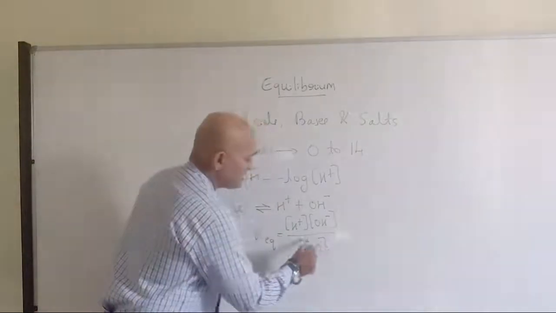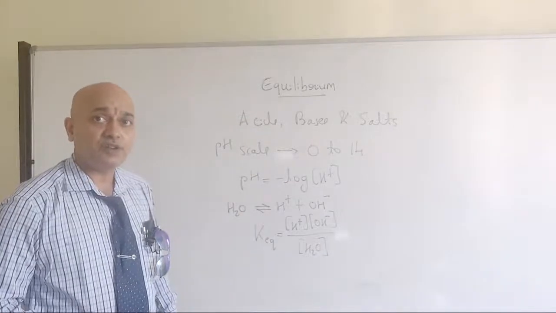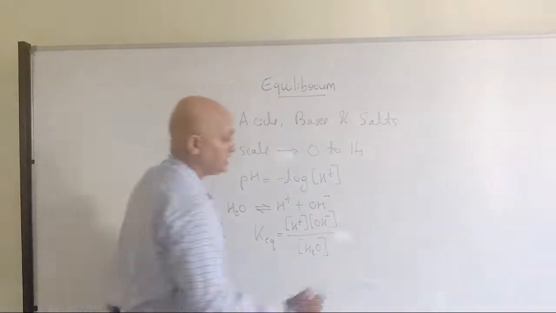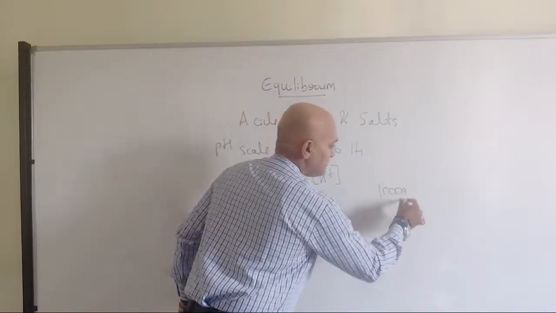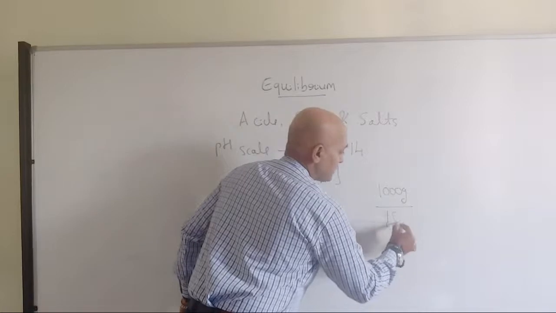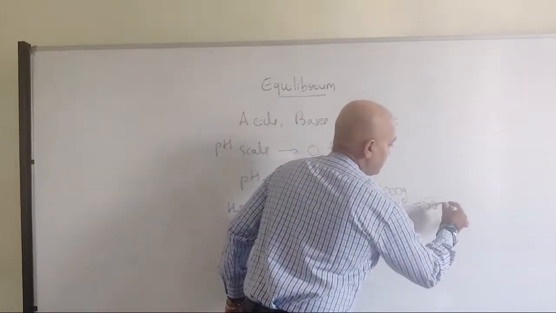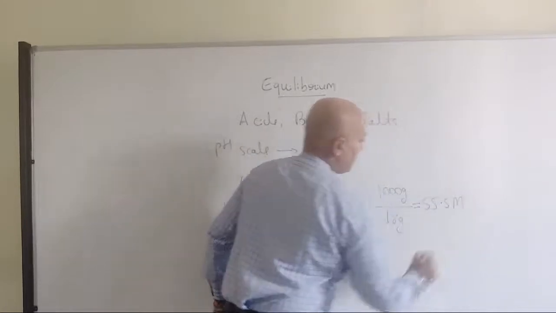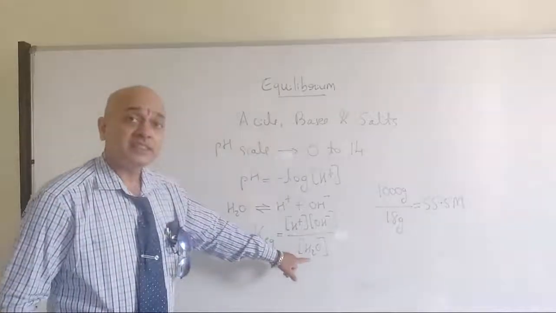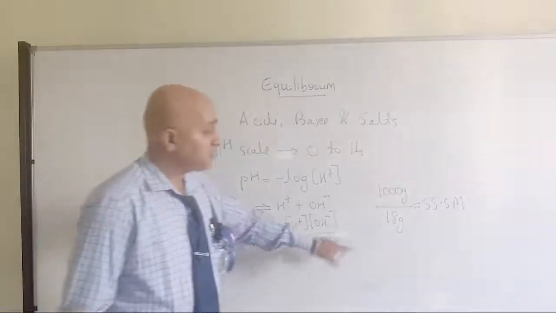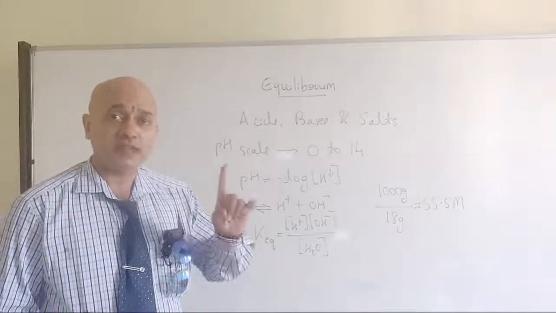Now if I take the concentration of water, we can calculate the molarity. For example, the given mass of water can be 1000 grams and the molar mass of water is 18 grams. So the answer will be 55.5 molar. So whatever the water concentration is, that we can calculate. We consider 1000 gram because the density of water is 1.